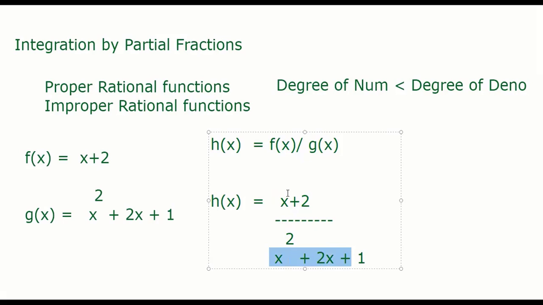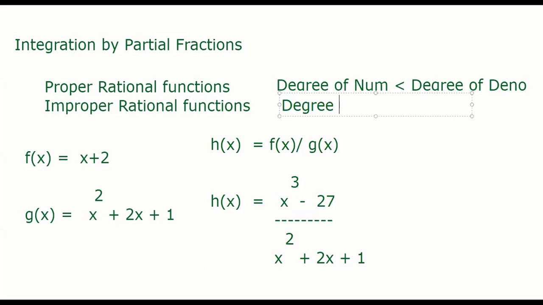And if I change it, suppose the numerator becomes x cube minus 8, or minus 27, whatever. Now the degree of the numerator of h(x) is more than the degree of the denominator. So now it becomes an improper rational function. Agree everybody? It's a rational function, but the degree of numerator is more. Everyone clear what is the meaning of proper and improper rational function?